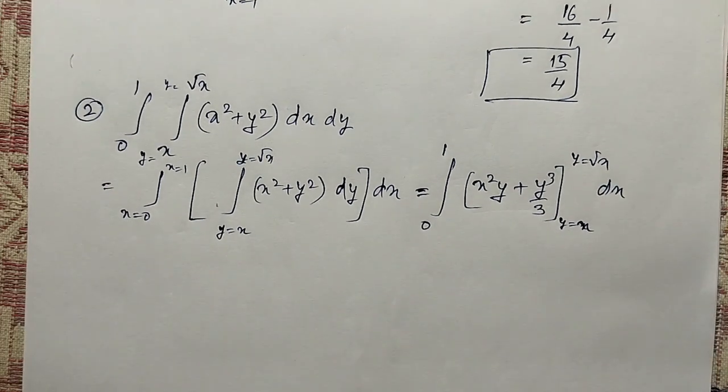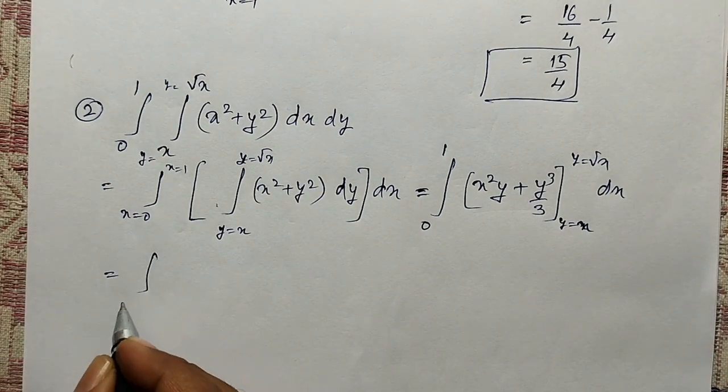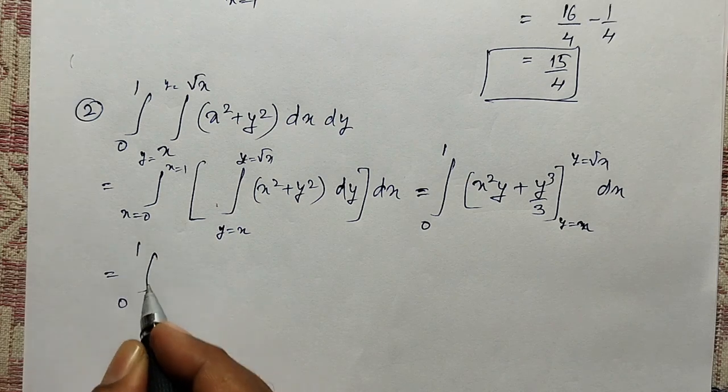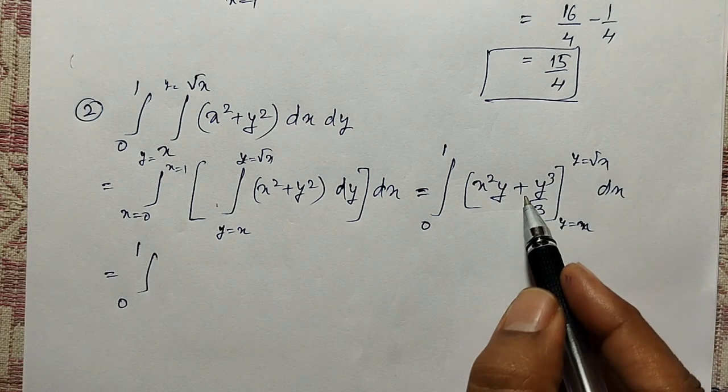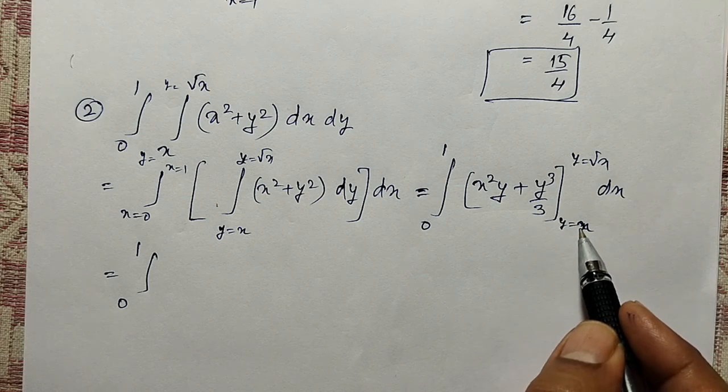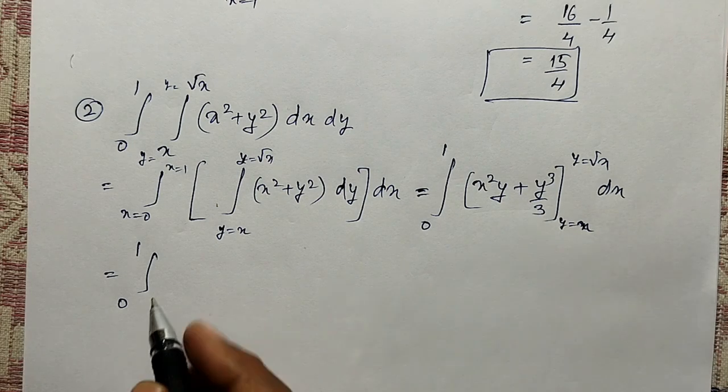Now in the next step, integration from 0 to 1 I will keep as it is, and I will substitute y equal to root x once and y equal to x once: upper limit minus lower limit.